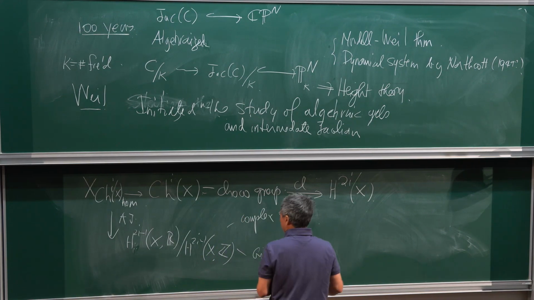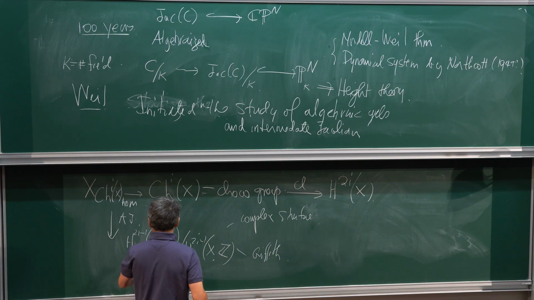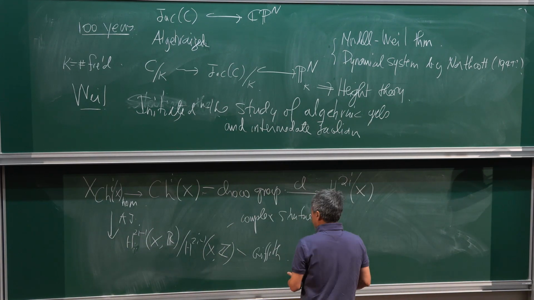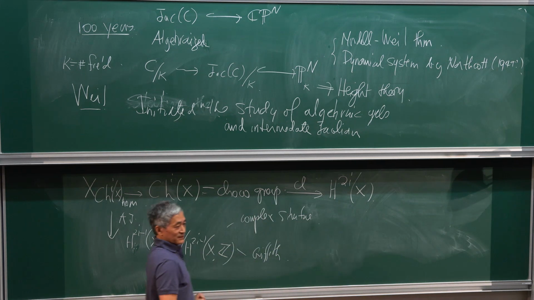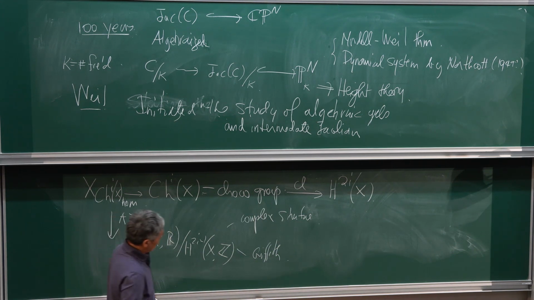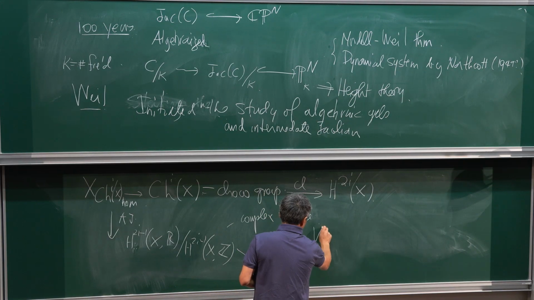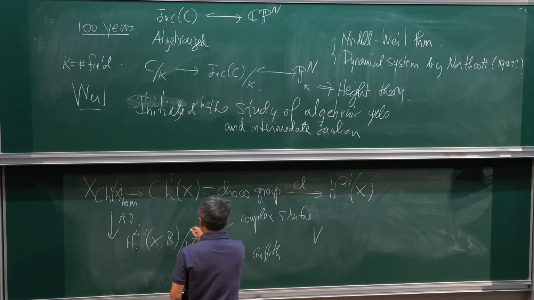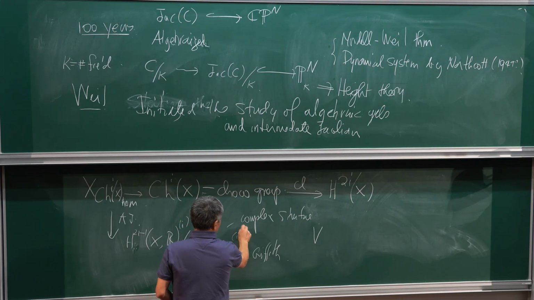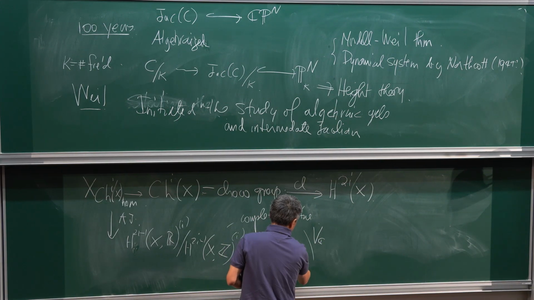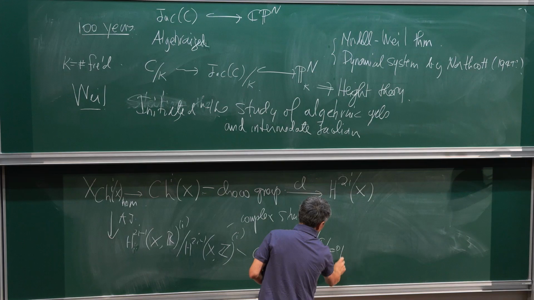I'm not going to talk about Hodge theory. In the modern way, you twist this by i, and you get V of C, or V of Z, then F^0 V of C.